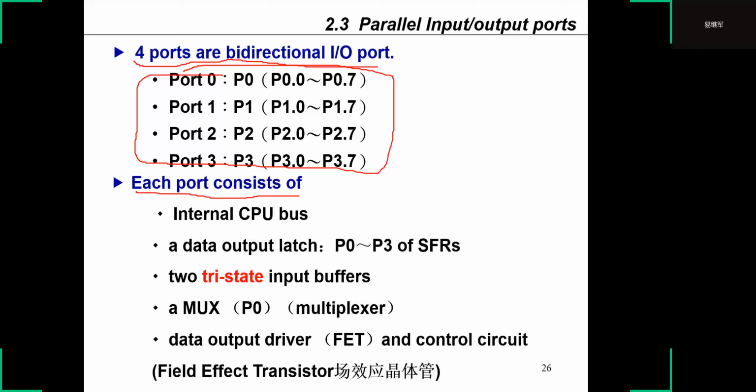Each port consists of an internal CPU bus, a data output latch, a data input buffer, a multiplexer, a data output driver, and a control circuit.